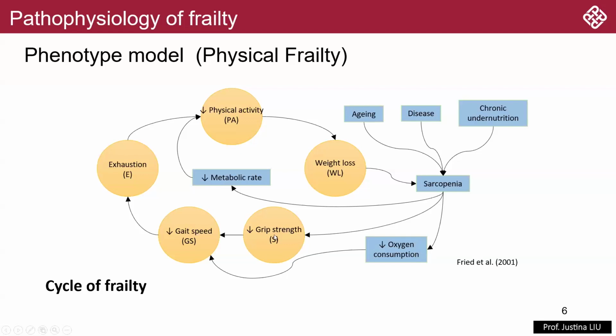Reduced muscle strength together with reduced overall oxygen consumption predisposes older people to lower walking speed and also consistently feeling fatigue or exhaustion.